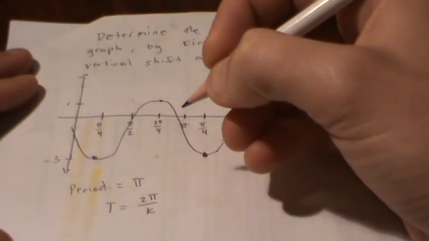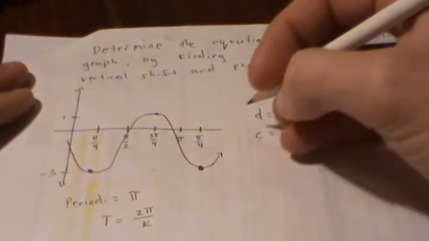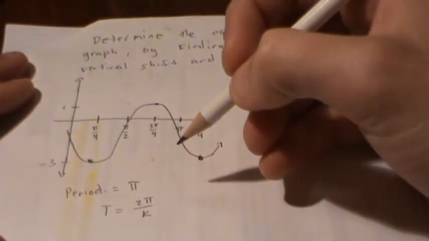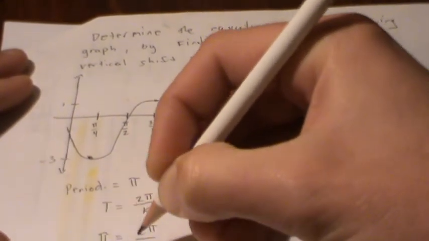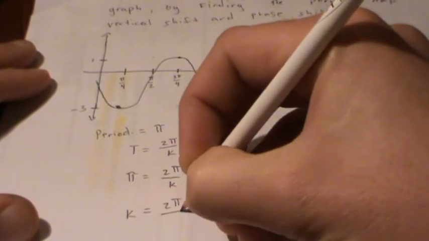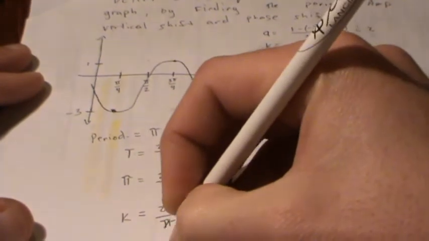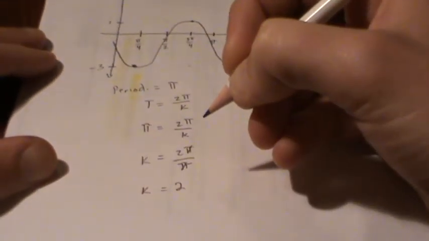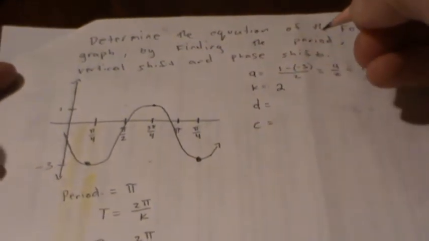So I'm going to plug in pi for period and then solve for it. So pi is equal to 2 pi over k, cross multiply, or take these two and switch them. I can say k is equal to 2 pi over pi. Cancel those out, and I get k is equal to 2. So we'll just write in a 2 there.